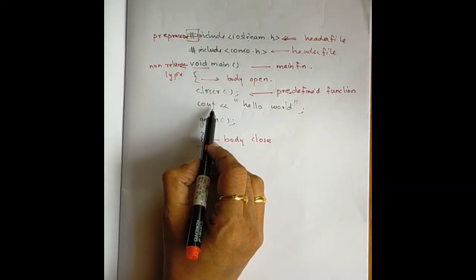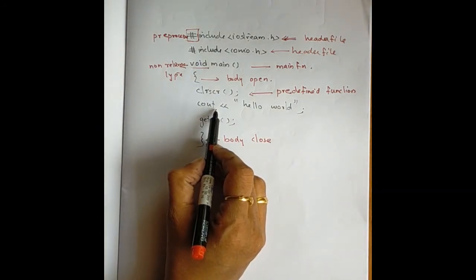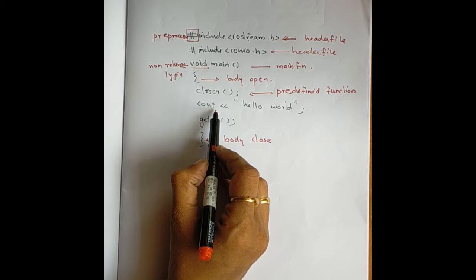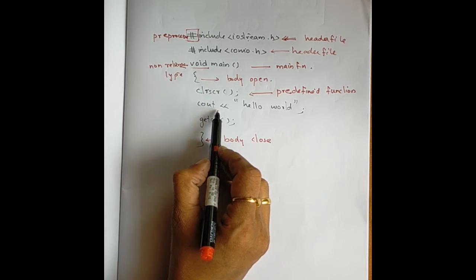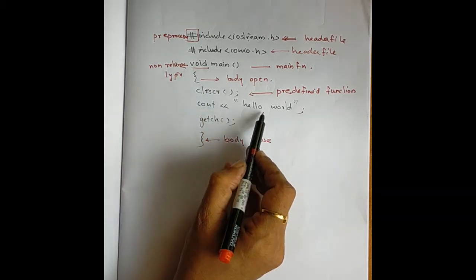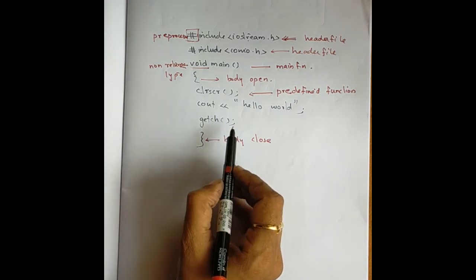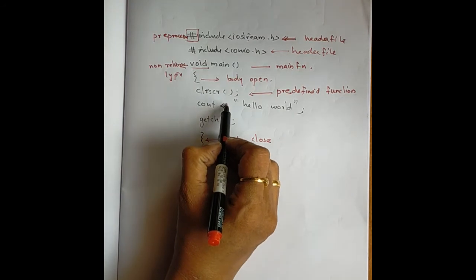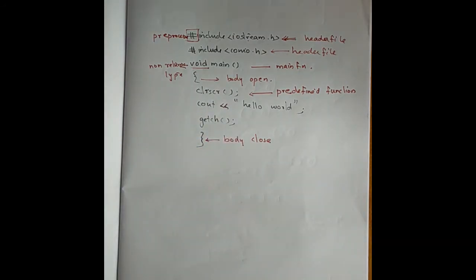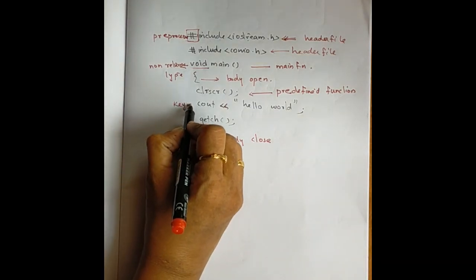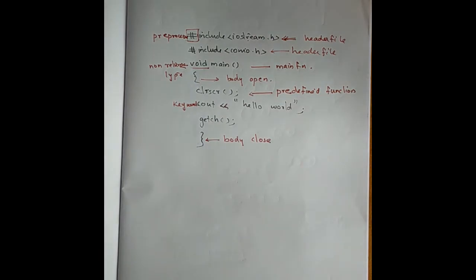And then cout. It is the keyword which is used to print data or information to the output screen. It is always used with the insertion operator. This is the insertion operator. cout is also a keyword.